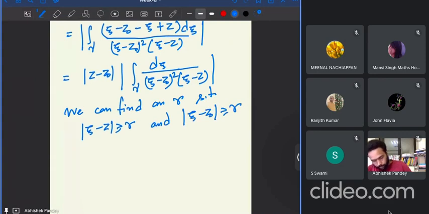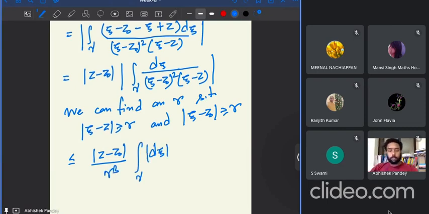So this means that this quantity is less than or equal to mod of z minus z naught upon r cube, integral over gamma mod d xi. Is it clear up to this point?